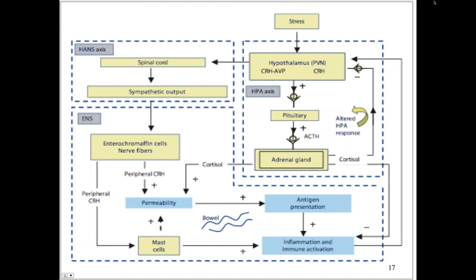The bottom line is we start to trigger in the bottom right-hand corner this inflammation and immune activation via the intestine. So if you look at this, via the bowel, antigen presentation, antigen-presenting cells triggering systemic inflammation and immune activation. That's why you measure the markers we're going to talk about tonight, like VEGF, and then some others that we're going to get to in just a minute.